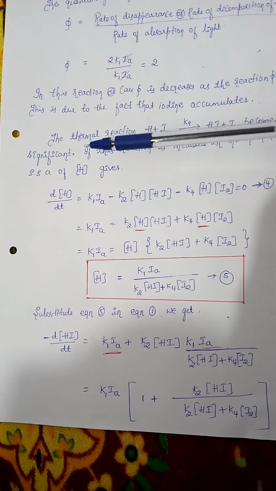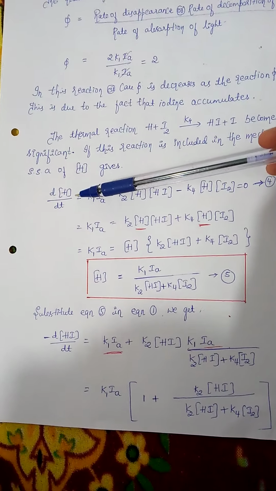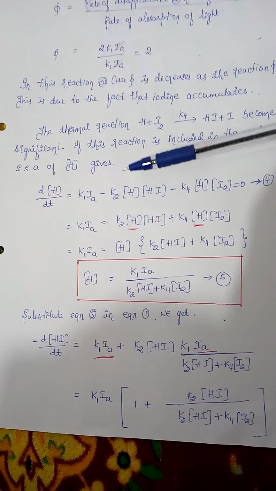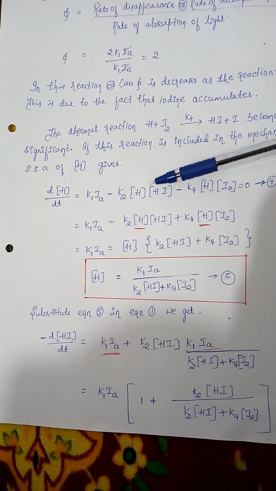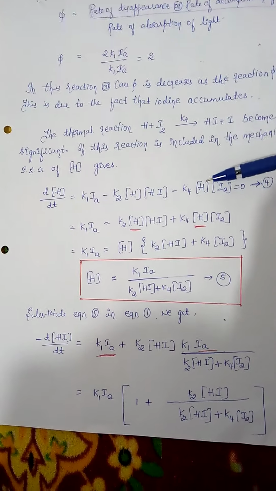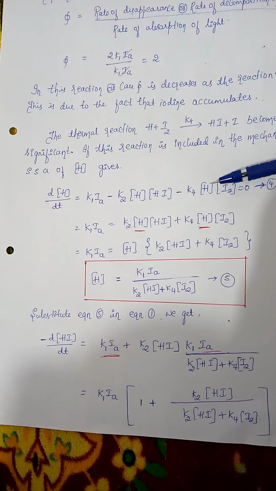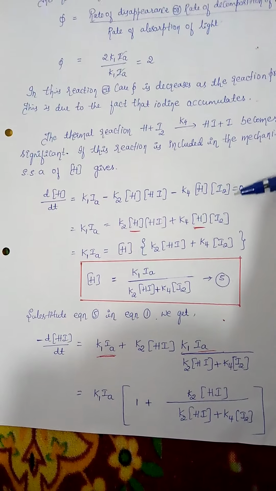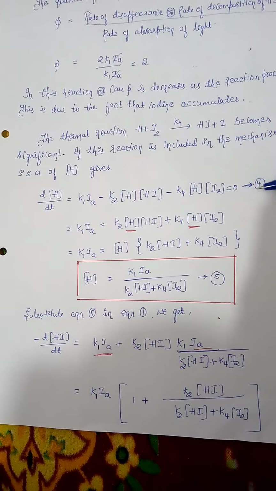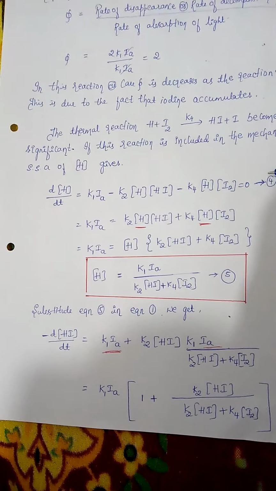It gives d[H]/dt is equal to K1Ia minus K2 [H2][HI] minus K4 [H][I2], that is equal to 0. This is called equation 4.